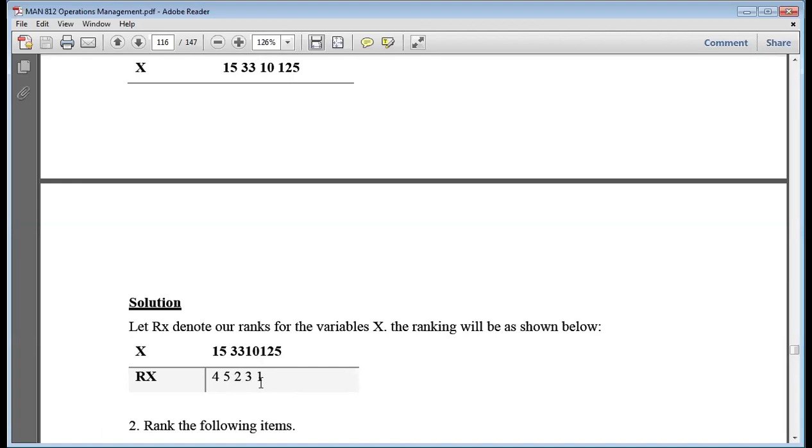Let's start from the highest. The highest here is 33, and you rank it as 5.